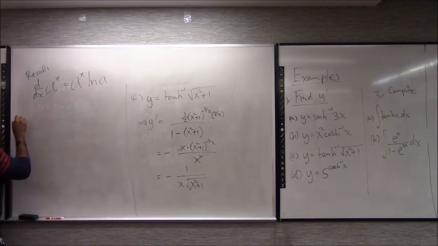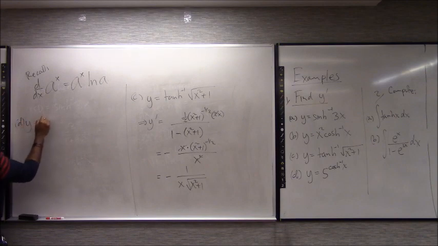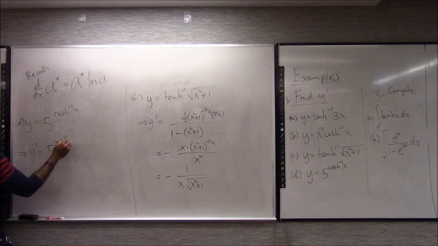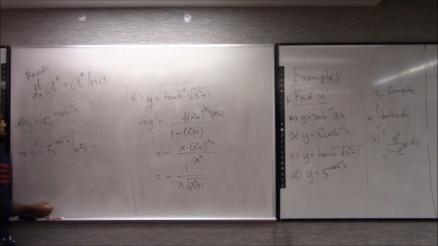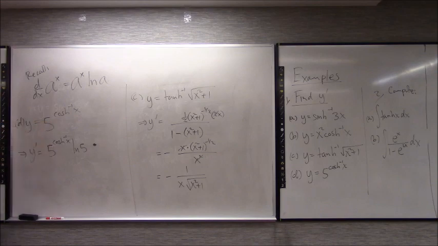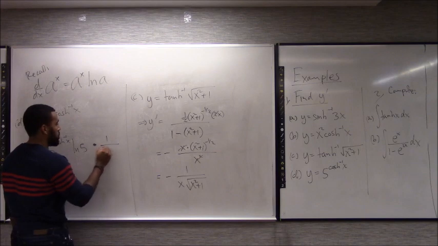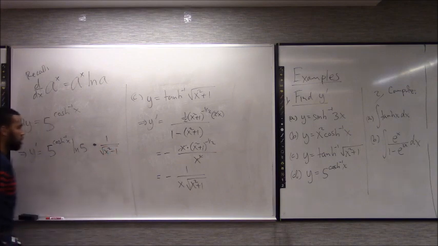So if y equals 5 to the cosh inverse, then your y prime is going to be 5 to the cosh inverse ln of 5 times just the chain rule. So now you're going to do the derivative of the cosh inverse, which is 1 over the radical of x squared minus 1.